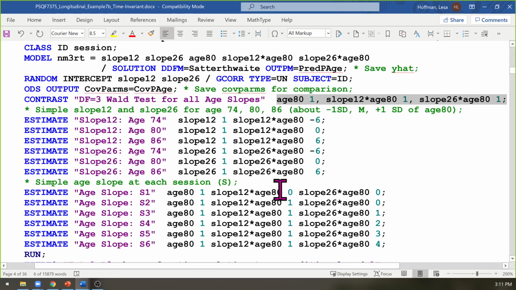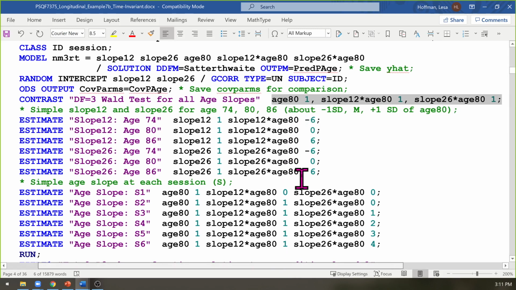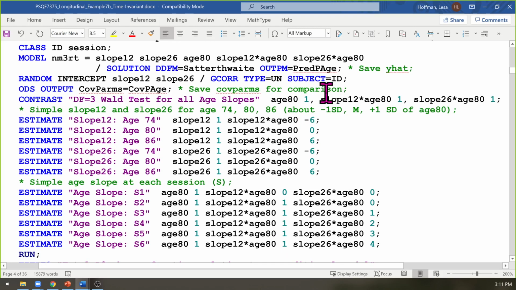So the contrast statement in SAS is how we do this, where the commas are delineators for numerator degrees of freedom. So I'm telling it that I want 3 separate slopes tested simultaneously. If I left out the commas, it would try to add the slopes together and test that one combined slope. So commas matter.